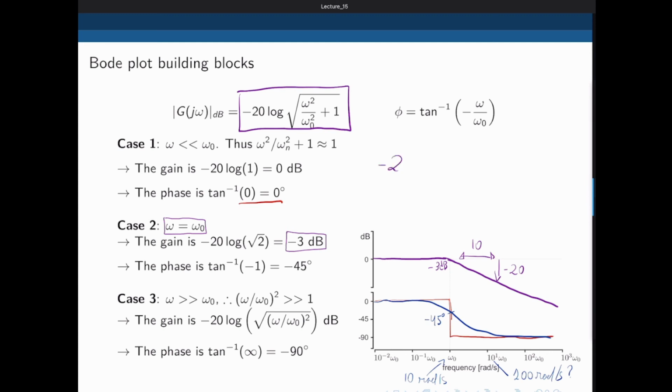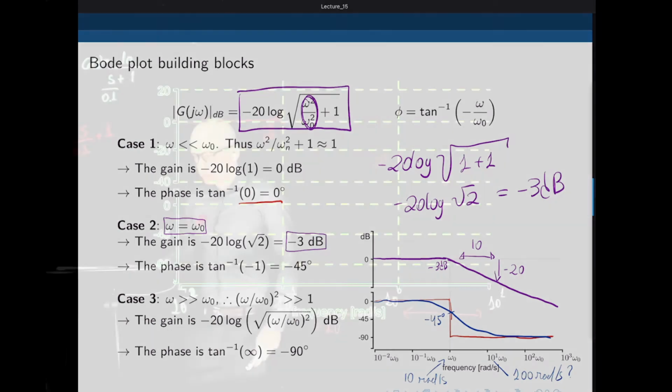So we have negative 20 log of square root of 1 plus 1, which is negative 20 log of square root of 2, which is negative 3. Right, at the cutoff frequency, these two numbers are the same. Right, okay, thank you.